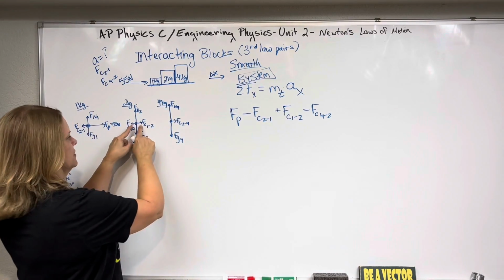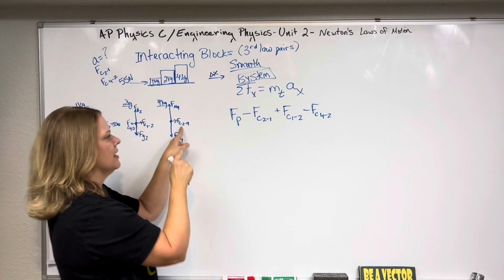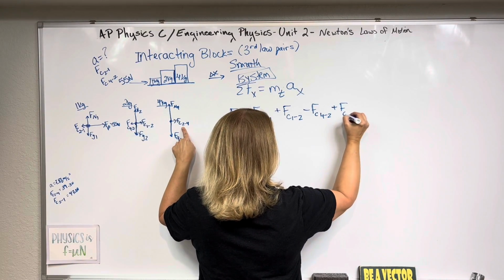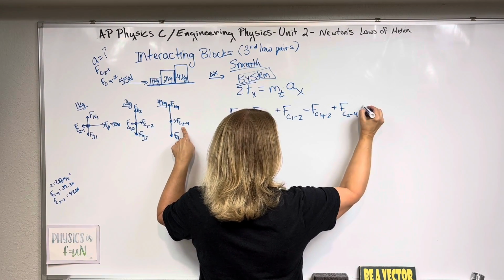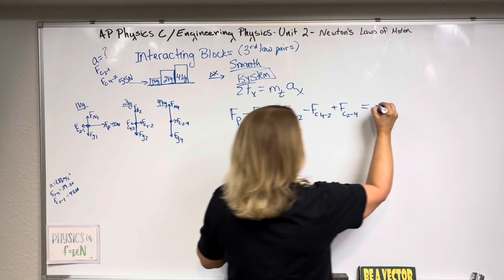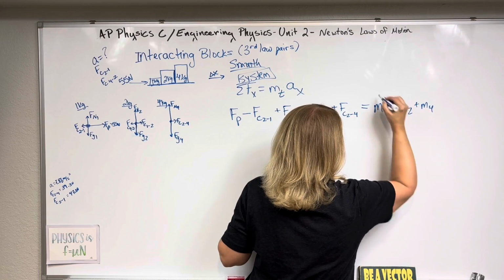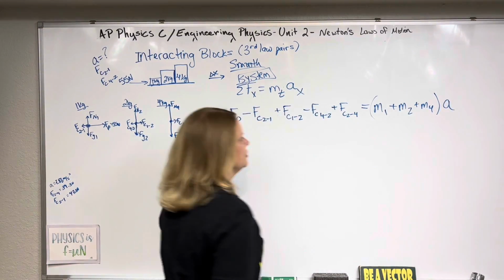I'm done with those. That's 2, 1 positive, 1 negative. Now I'm going to go to the last one, and I have a positive force of contact of the block 2 on 4. And that's going to equal the total mass, which is mass of the 1, mass of the 2 kilogram, and mass of the 4 kilogram, times your acceleration.